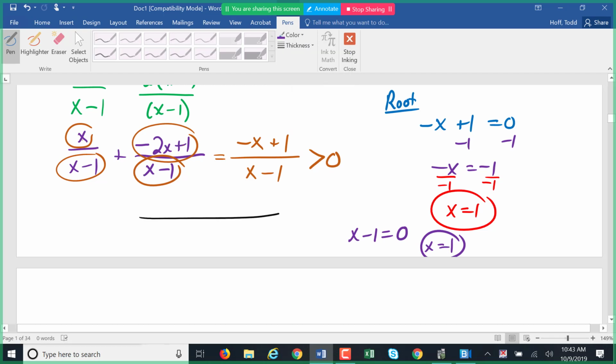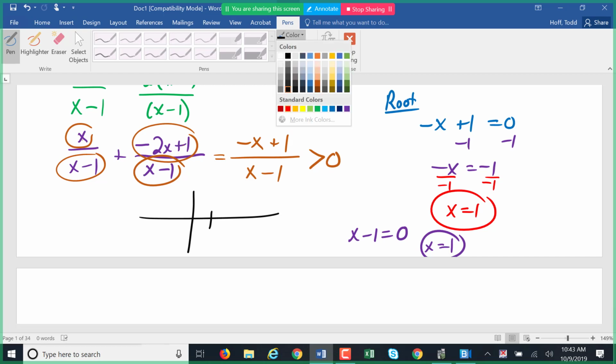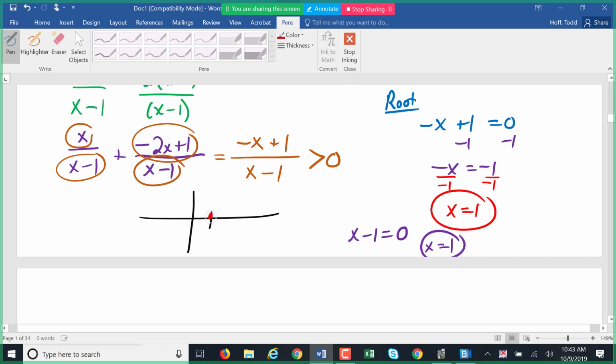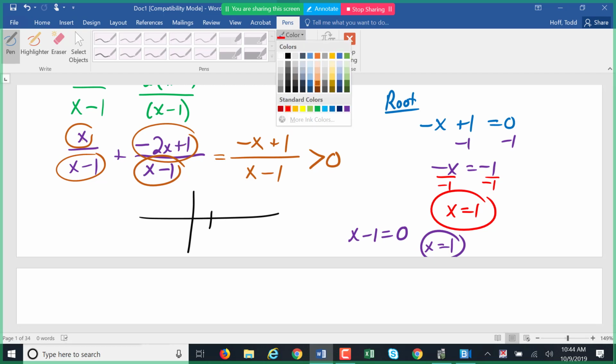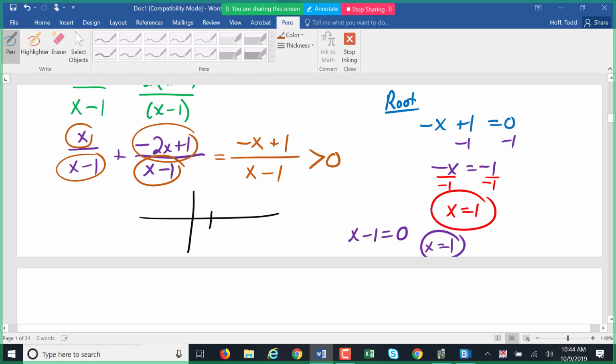So this divides my graph into regions, with critical points at 1 and 2.